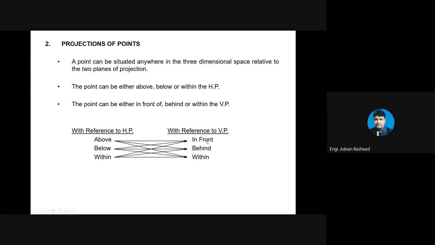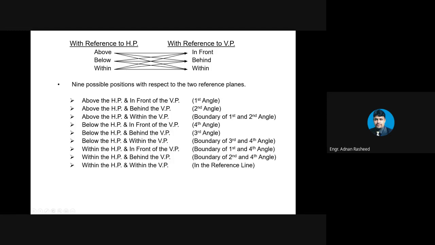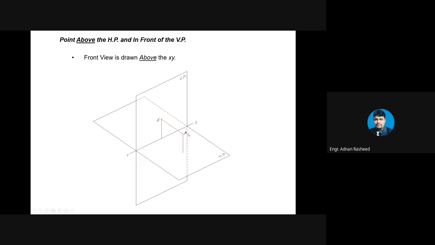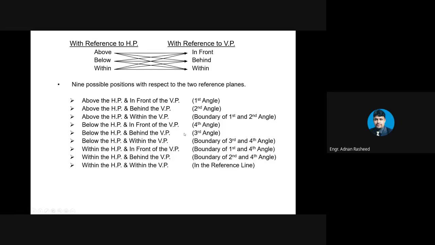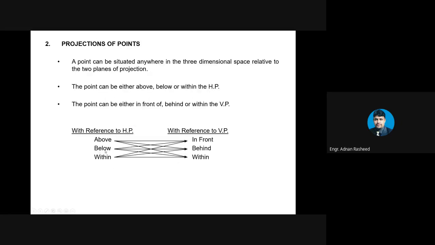So we can also combine that a point may be above the horizontal plane and in front of the vertical plane. For example, this is the point. This is above the horizontal plane and in front of the vertical plane. Similarly, a point can be above the horizontal plane and behind the vertical plane.